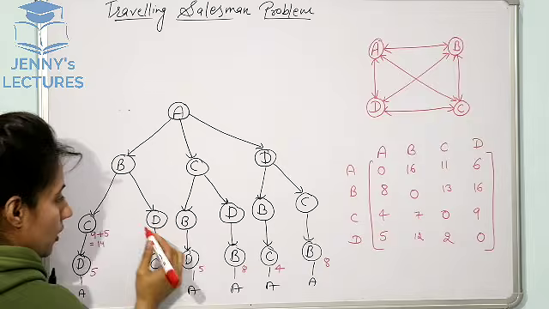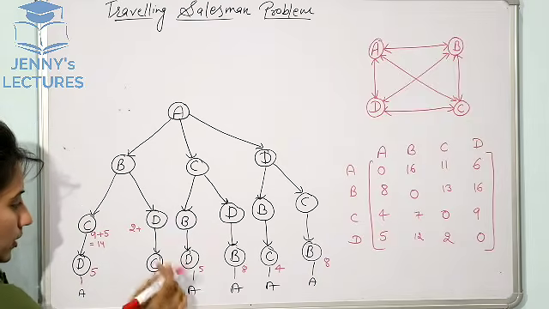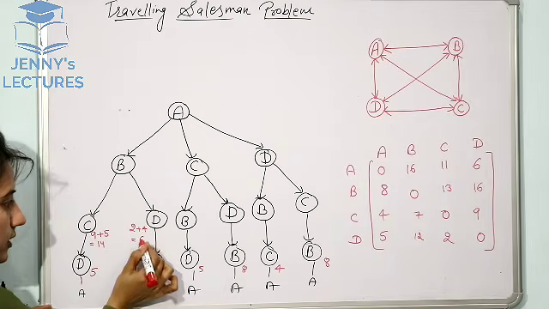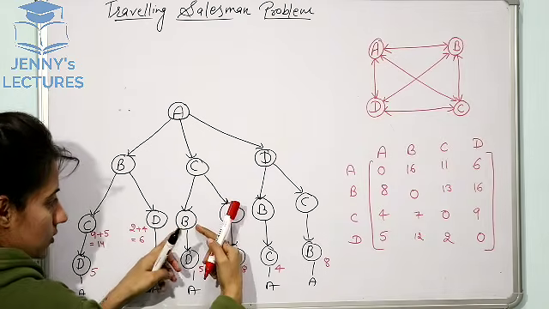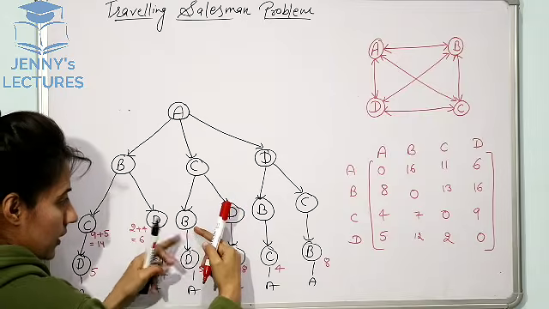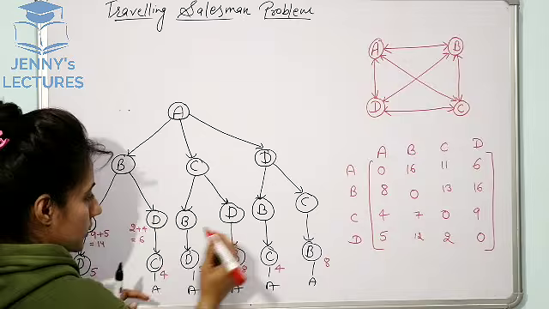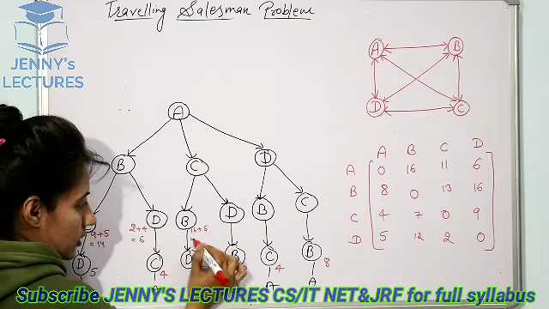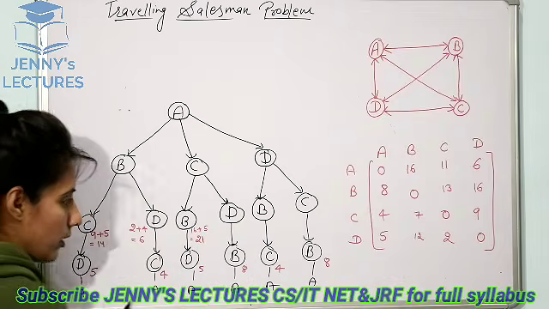Same with this, from D to C, find out. D to C, we have 2 plus C to A, which we already have, that is 4. So this is 6. Now suppose he is at B to D, 16 plus this one 5. This is 21.